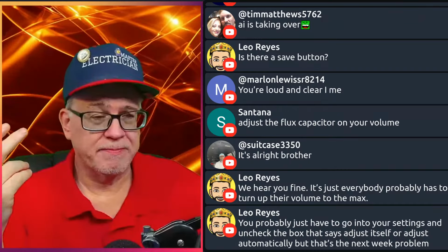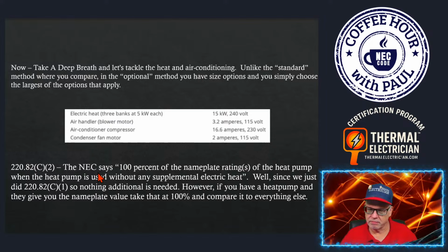All right. Well, next, C2 says 100% of the nameplate rating of the heat pump when the heat pump is used without any supplemental heat.